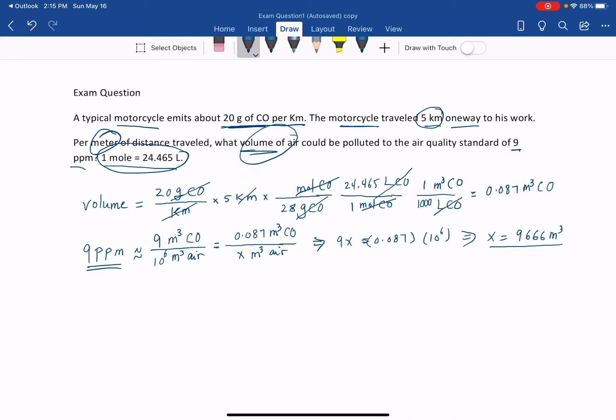But now he needed per meter of distance. Per meter of distance, it is by dividing the meter cubic of polluted air divided by meter, is equal to 9,666 meter cube divided by 5 kilometer.